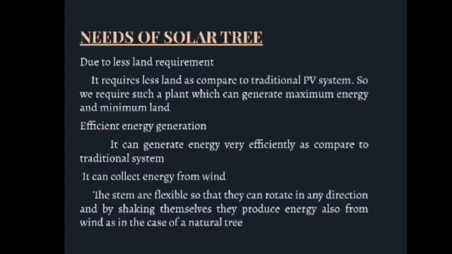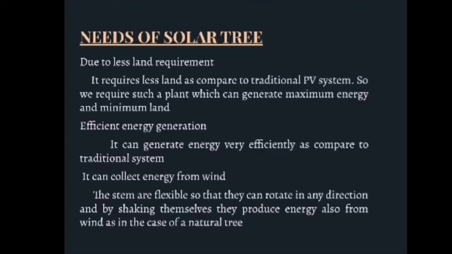Let's see the needs of solar tree. It requires less land as compared to a traditional PV system. So we require such a plant which can generate maximum energy on minimum land. Efficiency and generation: it can generate energy very efficiently as compared to a traditional system. It can also collect energy from wind.